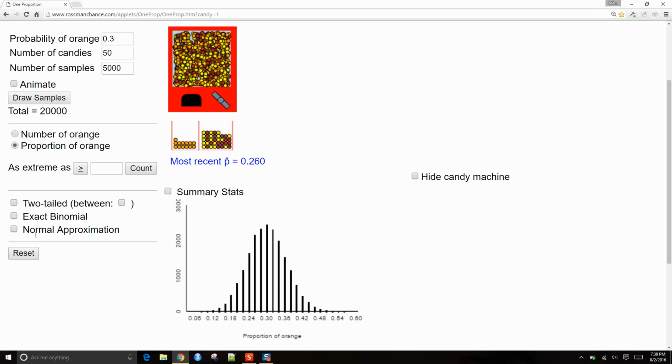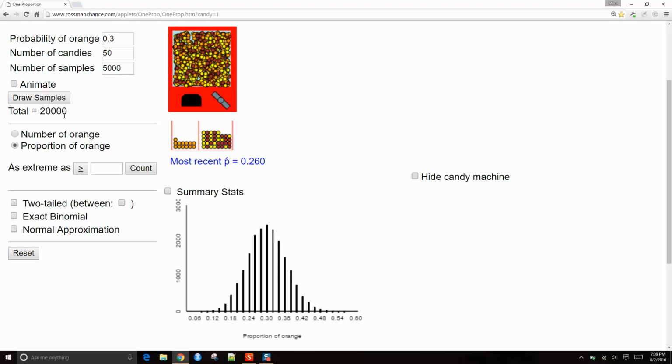It's much more likely for the sample to end up being 30% orange, or 32% orange, or 28% orange, or something very close to 30% orange. Sometimes you'll get more than that, sometimes less, but overall the values in the middle will appear most frequently, and values on the ends appear less frequently.